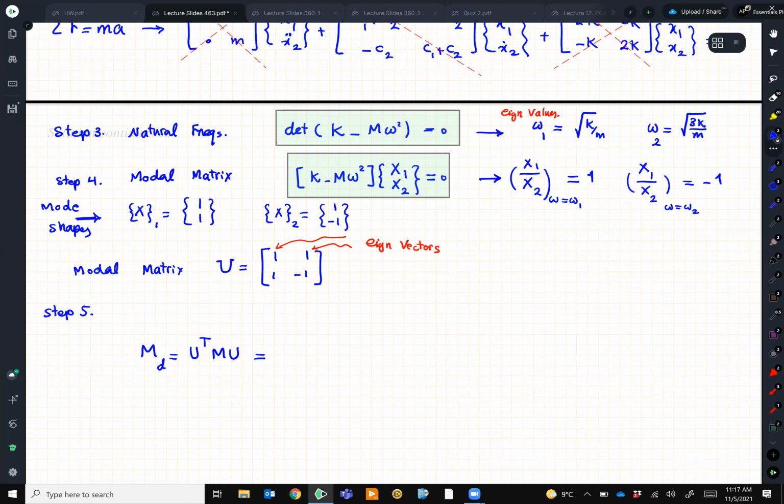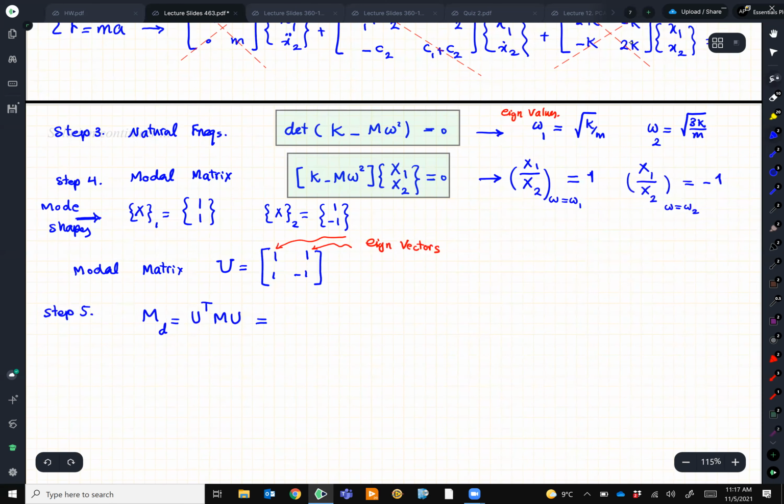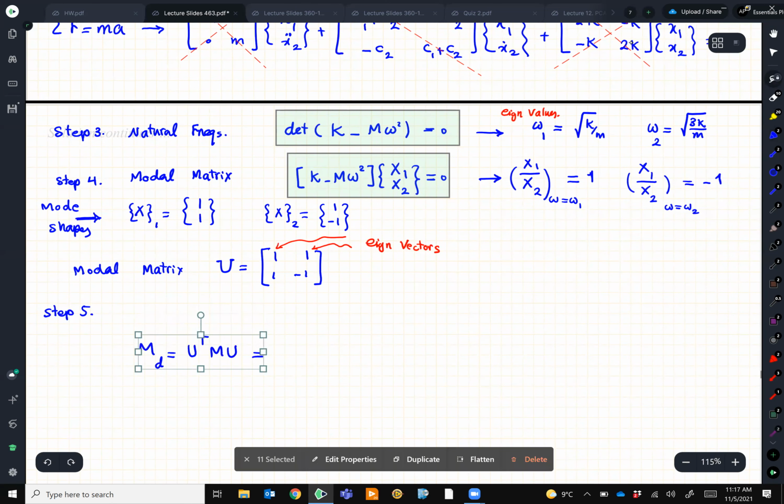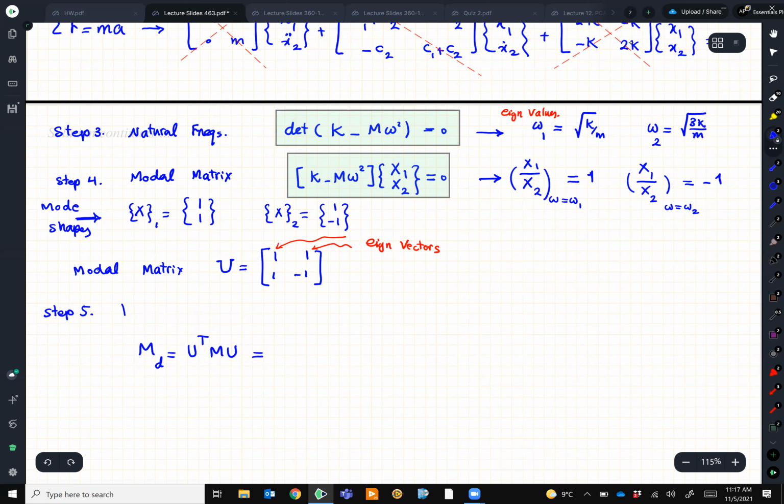So U transpose M U, you have your U matrix, you have your M matrix. I did the calculation before to save some time, and it gives you that.